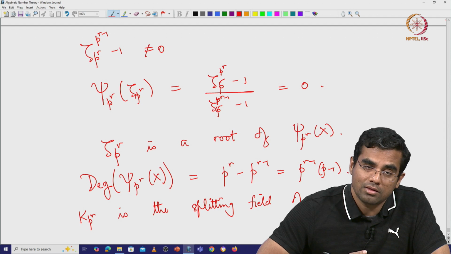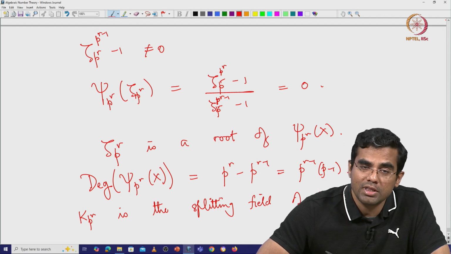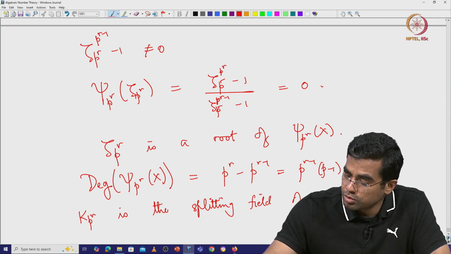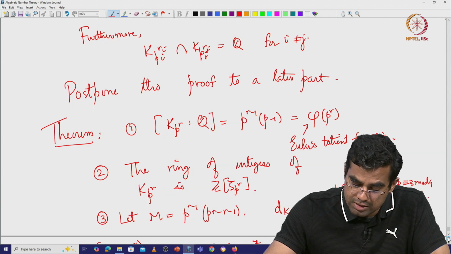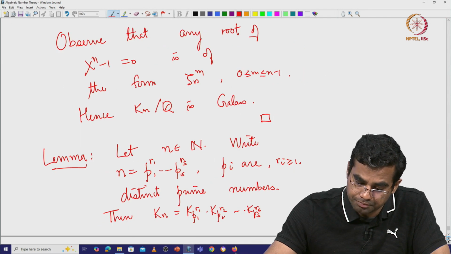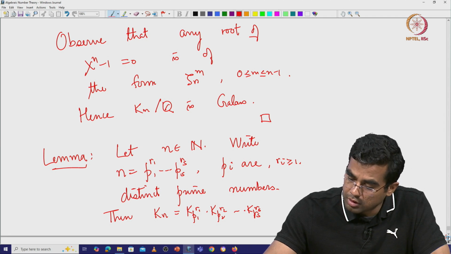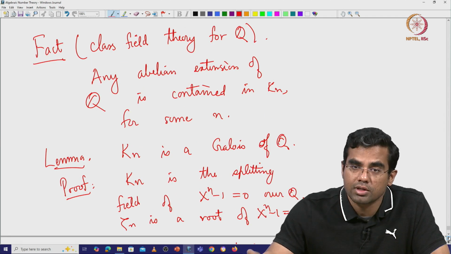So, one field can be a splitting field of many different polynomials. Do not confuse, because I said earlier that Kn is a splitting field of x to the n minus 1.